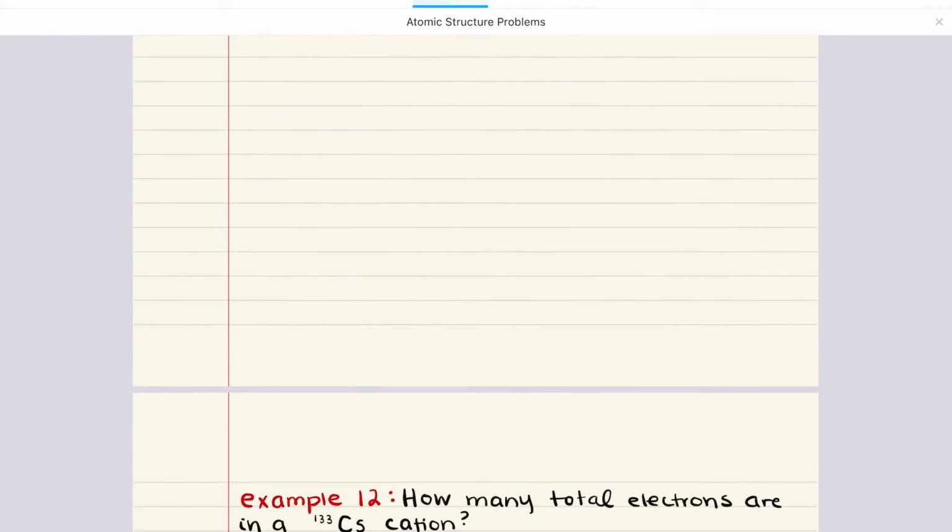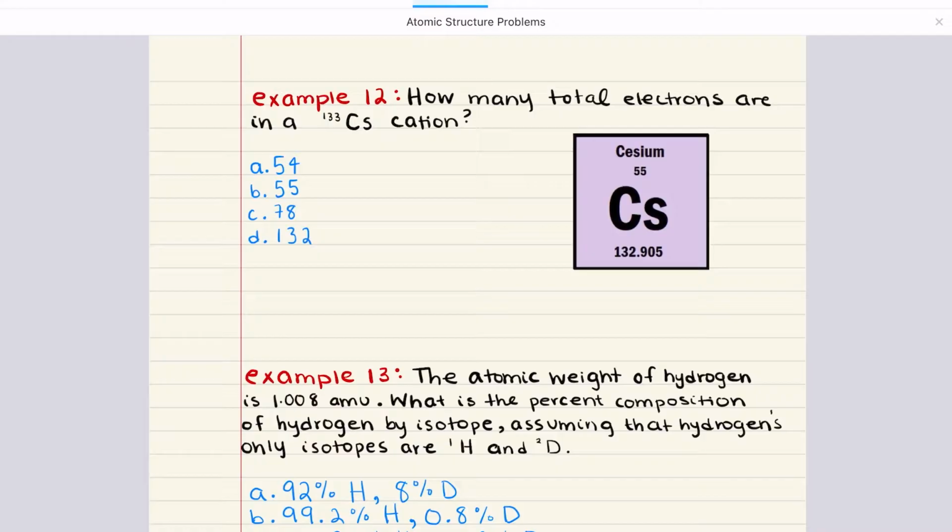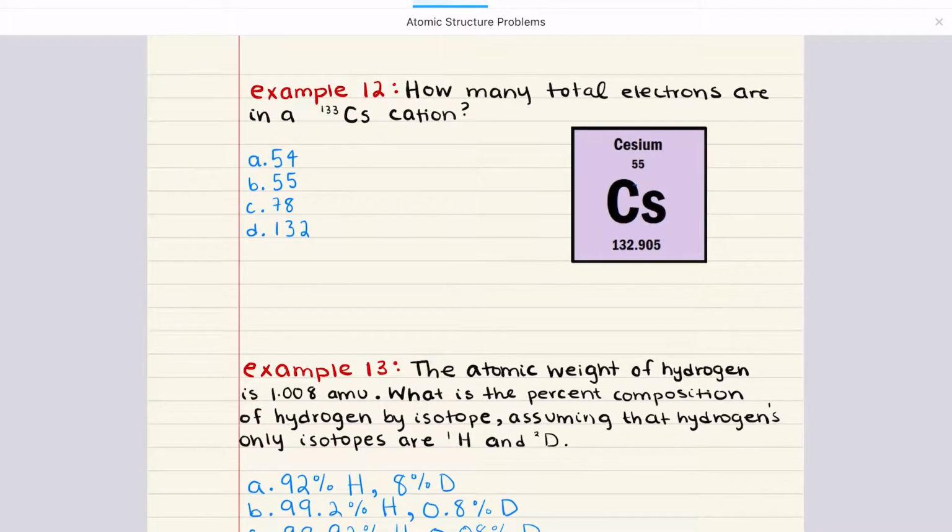Let's go on and move into problem 12. Problem 12 says how many total electrons are in a cesium cation, and here we are given the mass number. Now, to determine the number of electrons in a cation, let me just refresh your memory of a couple of things. First, the atomic number of an element is equal to the number of protons in its nucleus, and it's also equal to the number of electrons in a neutral atom of that element.